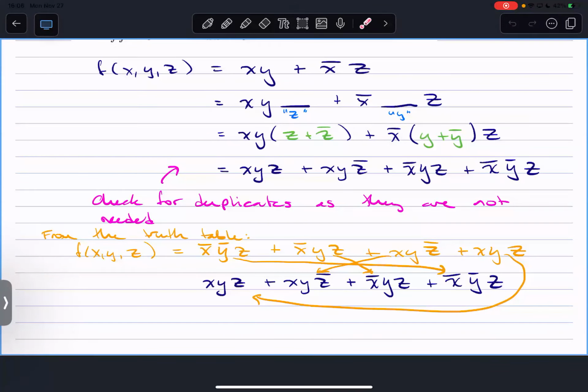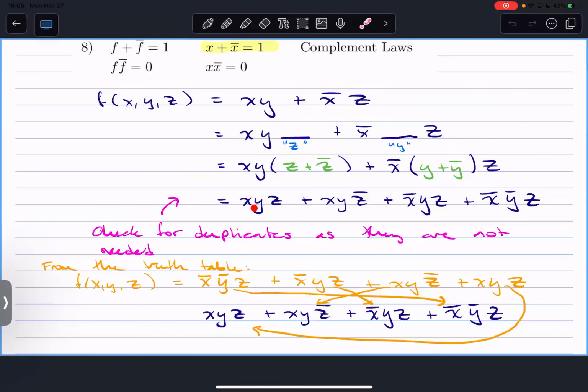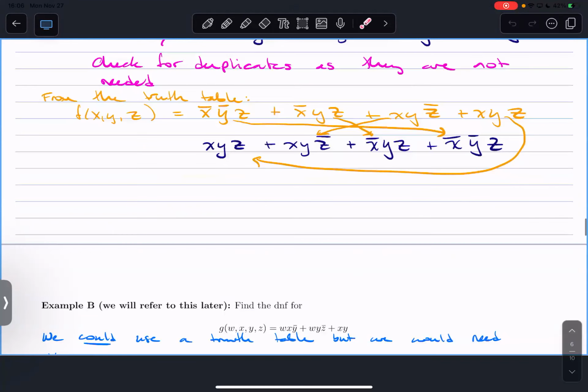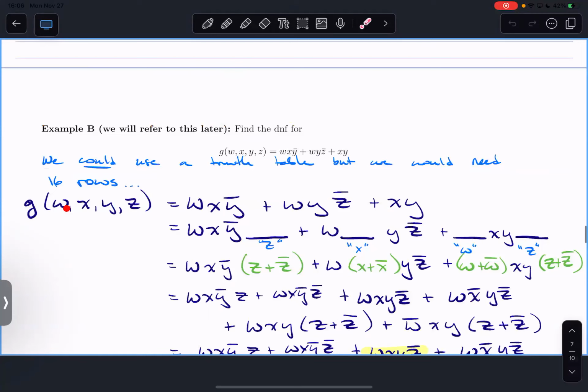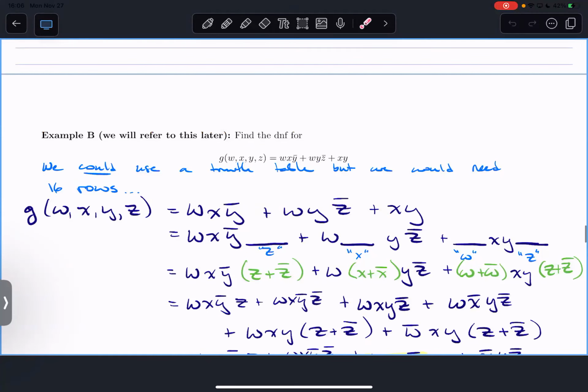Remember, the literals are each individual term. In this case, we have 3 literals, X, Y, Z. And that's when I asked if you want 3 or if you want 4, W, X, Y, Z. It gets a little bit more complicated.